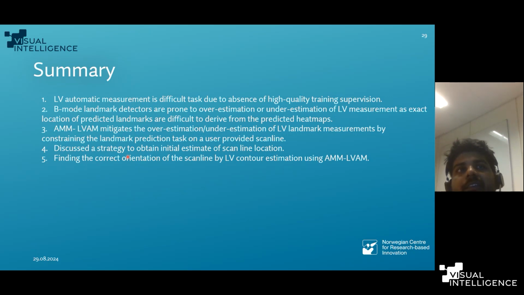And then in point number 4, I compared AMM images to get some intelligent estimate of where the scan line should be.